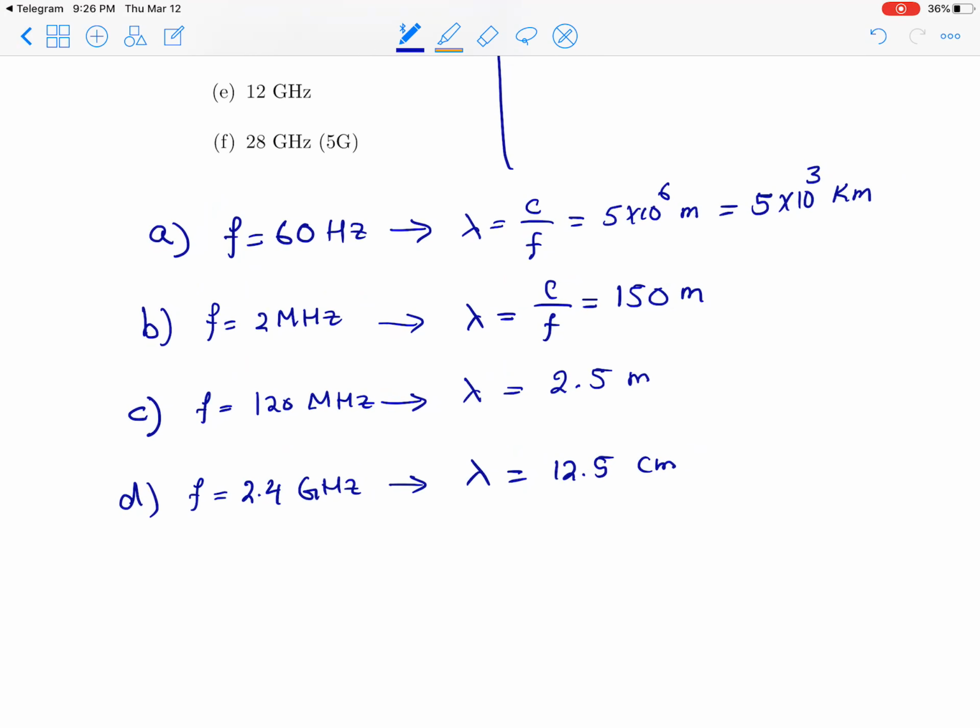If we move up in frequency, when f equals 12 gigahertz, which is very close to satellite communication, lambda equals 2.5 centimeters.